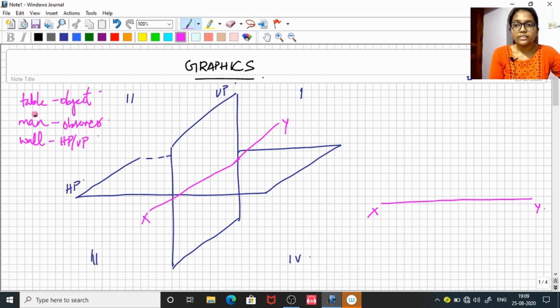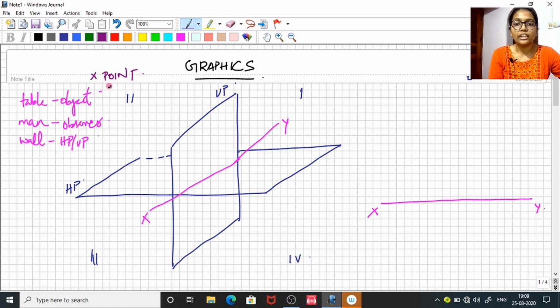We will place this table in one of these 4 quadrants and we will have an observer, and this observer will be casting the shadow of the table onto one of these planes, VP or HP. Actually we cannot draw a table and describe it, isn't it? So I represent this table or this object as a point object for now, and we will extend this to a line, then plane, solid, etc.